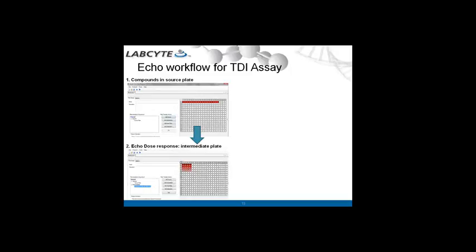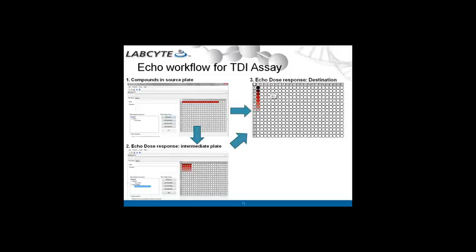From the source plate, you can create intermediate concentrations by direct dilution from the original compound. Using both the source plate and intermediate plate, you can make your destination plate with 8 concentrations to run your IC50.